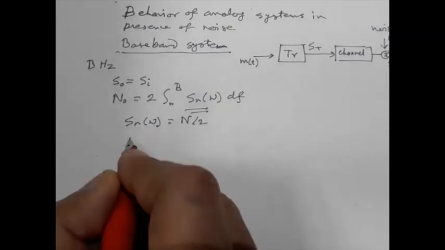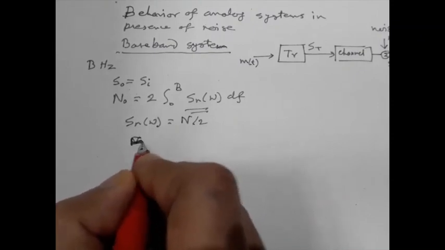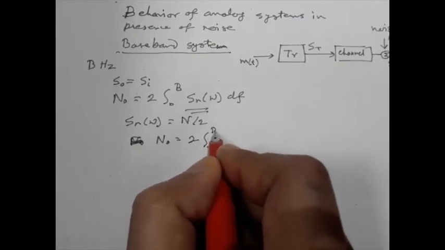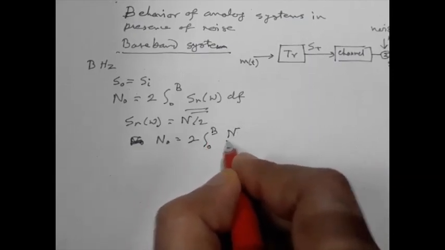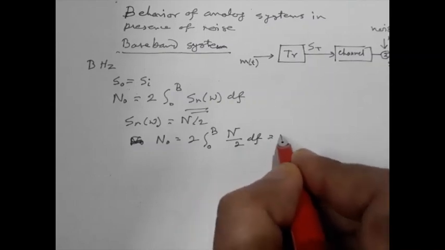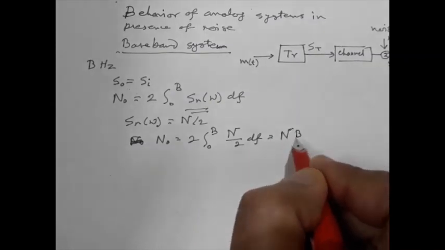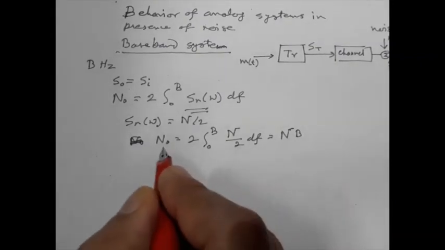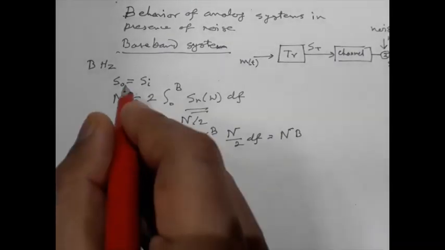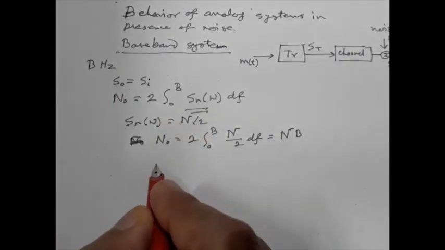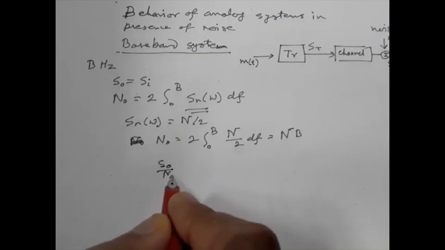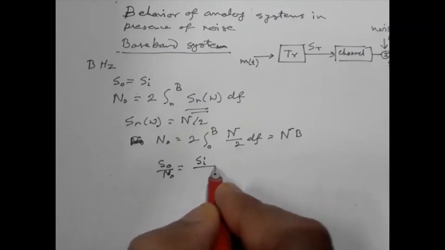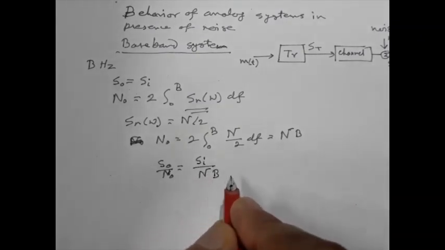So N0 can be written as 2 times integral 0 to B n by 2 df, equal to n into B. So N0 is this, S0 is this, so we can calculate the output SNR: S0 by N0 is equal to SI divided by n into B.